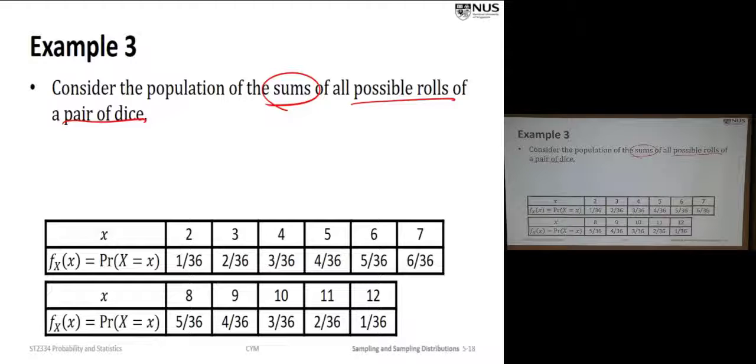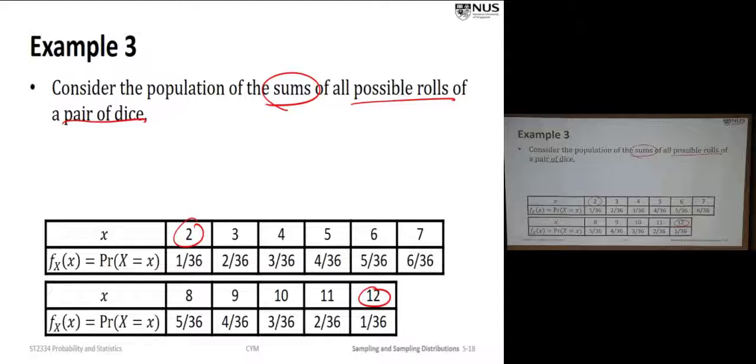But we are not interested in individual outcomes. We're interested in the sum. So we add the two outcomes. If 1,1, then the sum is 2. If one die is 3 and the other die is 4, then it's 7, and so on. So these are the possible sum values.